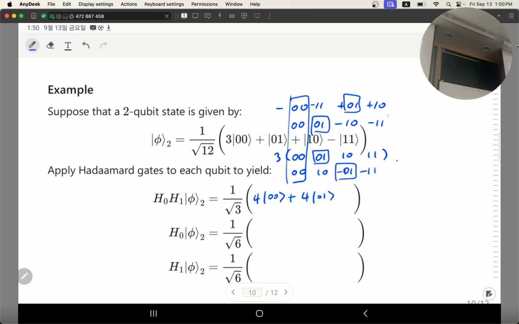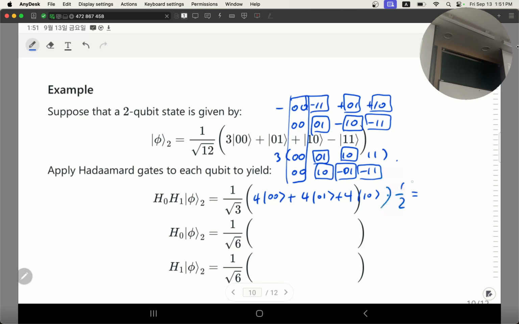And then 1, 0 here, here, here, 1, 0. We have plus. So we have 4 again. And then how many 1, 1s here? Minus, minus, minus. 3 minus and 1 plus. So we have 1 over 2 of this as a coefficient.